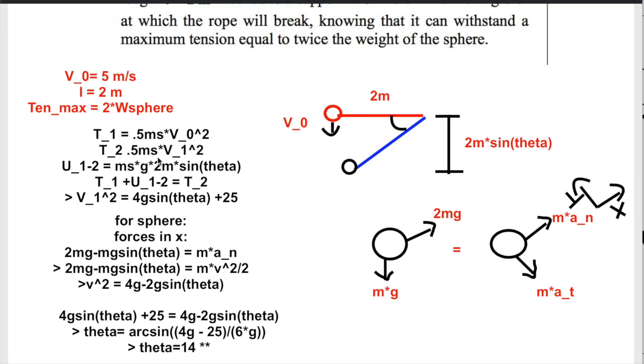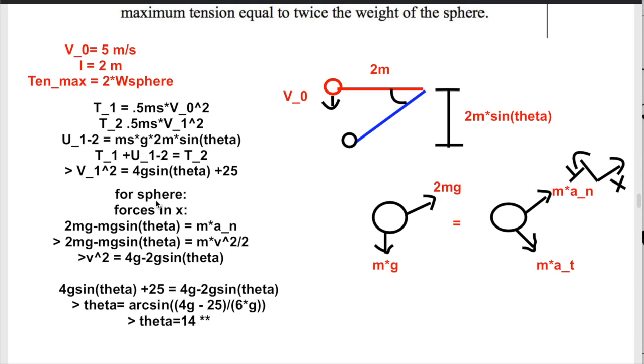The second kinetic energy is the same thing, just at this second point. And then the work done is the force of gravity times the 2 meters sine theta, which is this distance here. Throw it into our equation, and we solve it for velocity squared equals this right here.